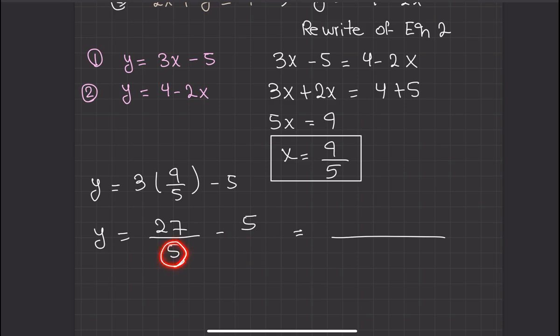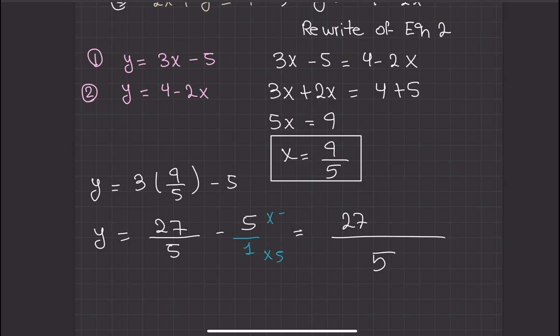So how can we find the common denominator? It's going to be 5 times 1. So here we're going to have 5 as the common denominator. 27 stays the same because this is 5, this is 5. So 5 times 1 is 5, and 27 times 1 is 27. So I'm going to write down 27. But here, because we have a hidden 1, it's going to be 1 times 5.